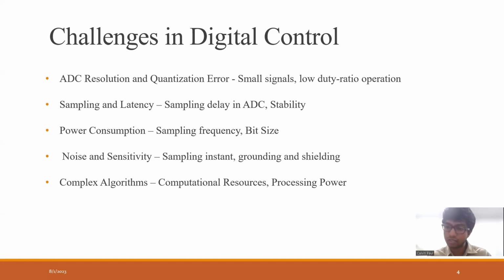Then we can implement complex algorithms in digital control, but we must also make sure that our platform has the capability and the processing power to implement that algorithm. And if it is implementing a very heavy algorithm, then it might get heated up. Then we must have a coolant. All those things have to be taken into account.